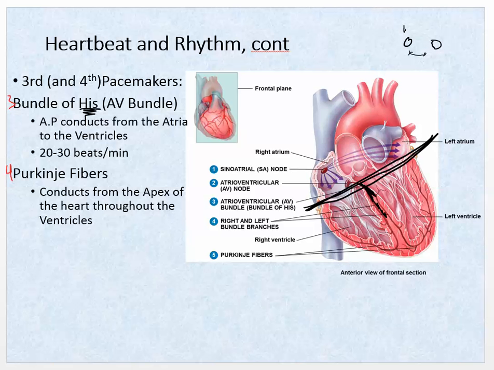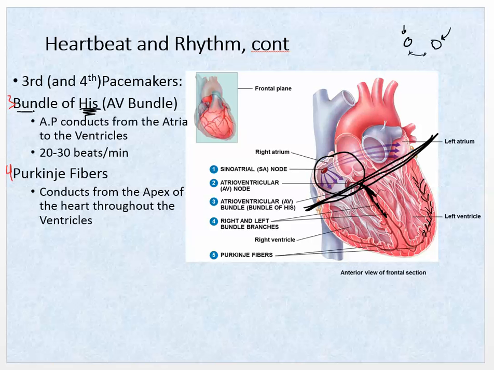It's because the SA node and the AV node are contained up here, and the AV bundle and the Purkinje fibers, which we haven't talked about, sit down here in the ventricles. So they both kept beating, but the Purkinje fibers and the AV bundle made this one beat much more slowly.